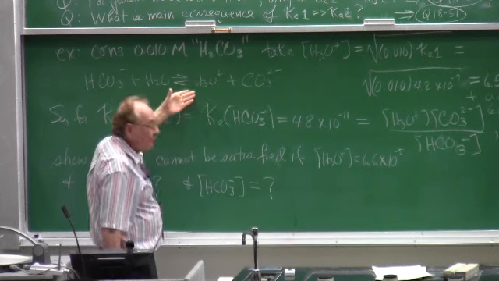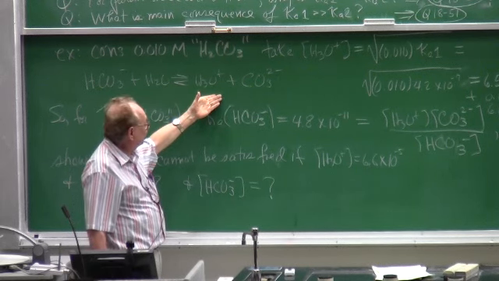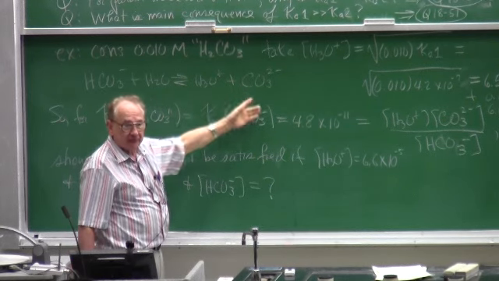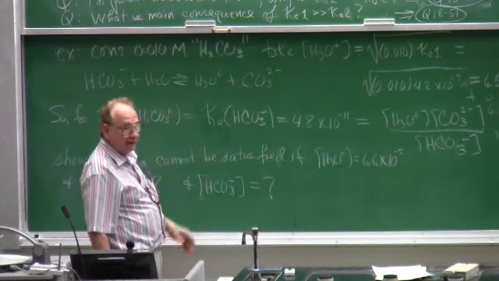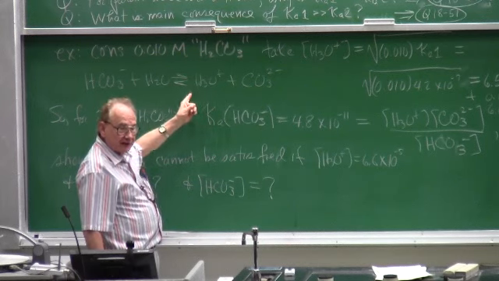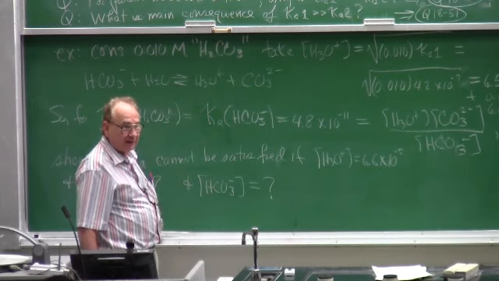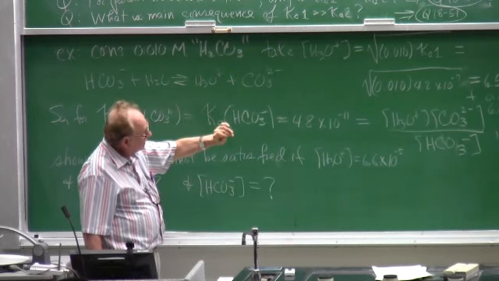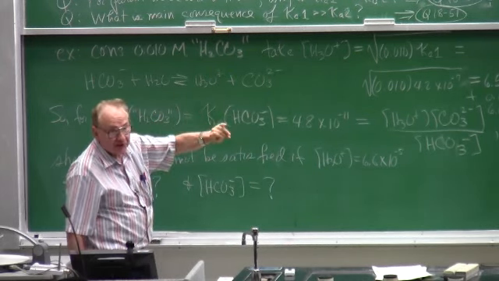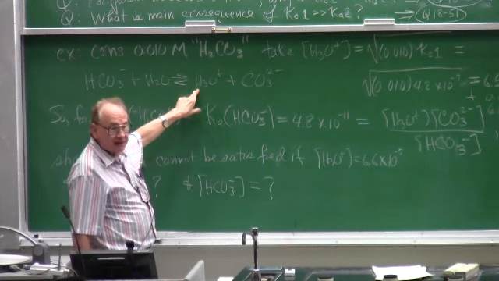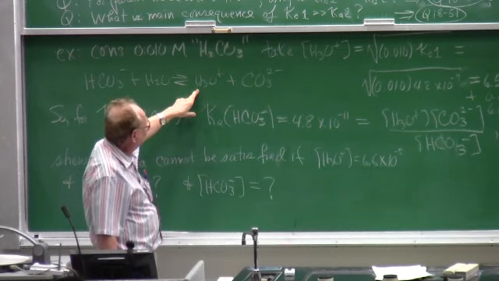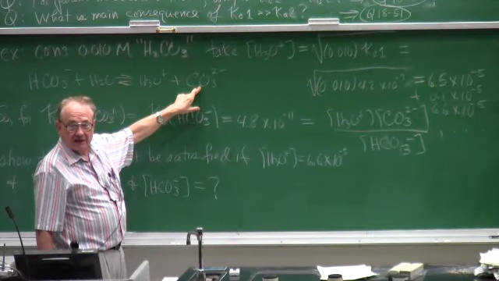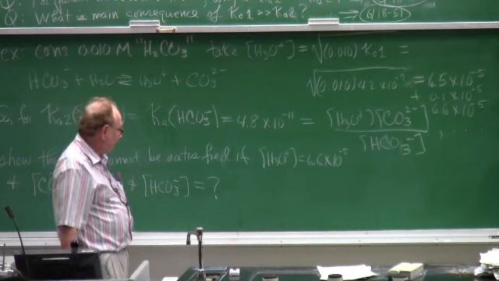Because if this thing made 1 times 10 to the minus 6 moles per liter of hydronium ion, then it also made 1 times 10 to the minus 6 moles per liter of carbonate ion. Now the total hydronium ion is from the first ionization plus the second ionization. You've got to add them up. But from this reaction alone, to make the hydronium ion molarity increase from 6.5 times 10 to the minus 5 to 6.6 times 10 to the minus 5, this has got to make at least 1 times 10 to the minus 6 moles per liter of hydronium ion, which makes this at least 1 times 10 to the minus 6 moles per liter of carbonate ion.